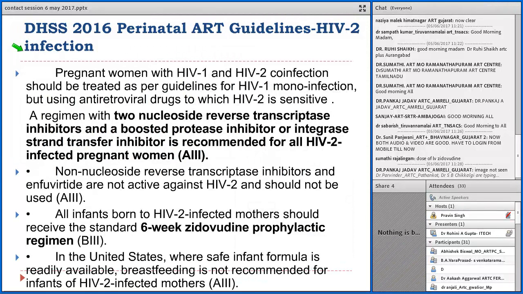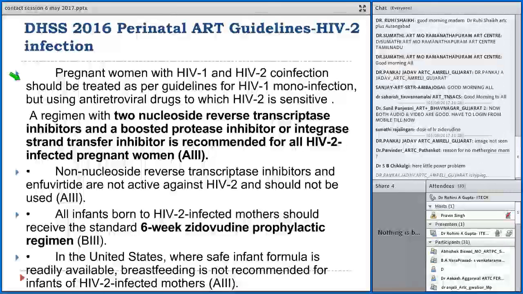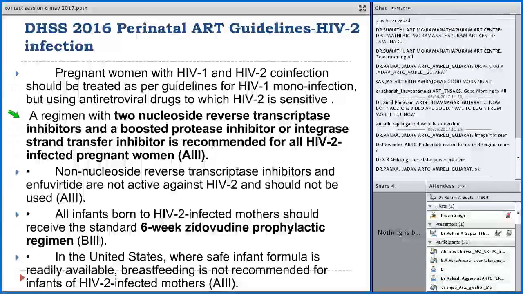What are the DHHS guidelines for HIV-2 infection? For HIV-1 and 2 infection, it should be treated as an HIV-1 mono infection, but one must use antiretroviral drugs to which HIV-2 is sensitive. What they usually use in the US is 2 NRTIs and a boosted protease inhibitor or an integrase strand transfer inhibitor for all HIV-2 infected pregnant women.